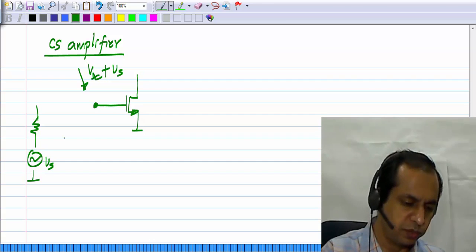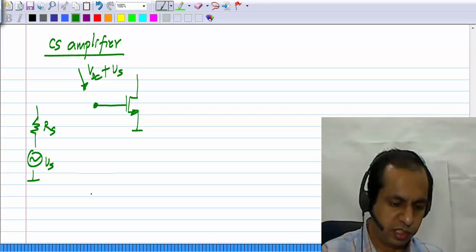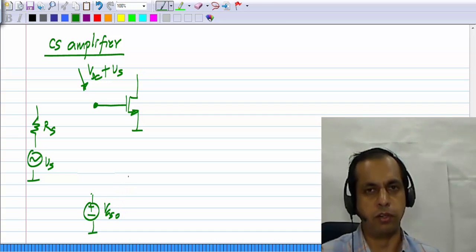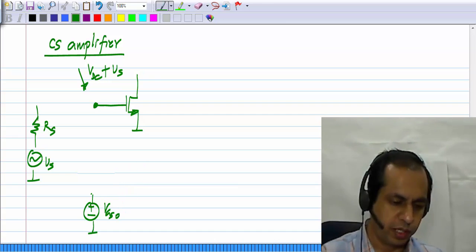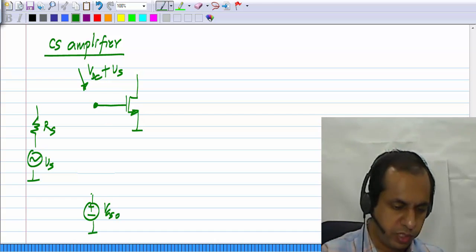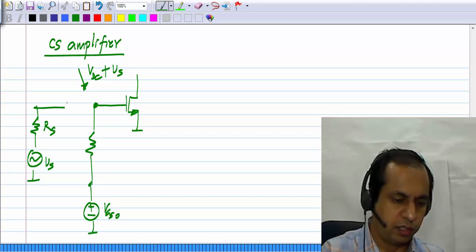We have the signal source Vs and we have the DC source VGS0, whatever the quiescent value, the operating point value of VGS is. How did we do this? We connected VGS0 through some resistor and the signal source through a capacitor.